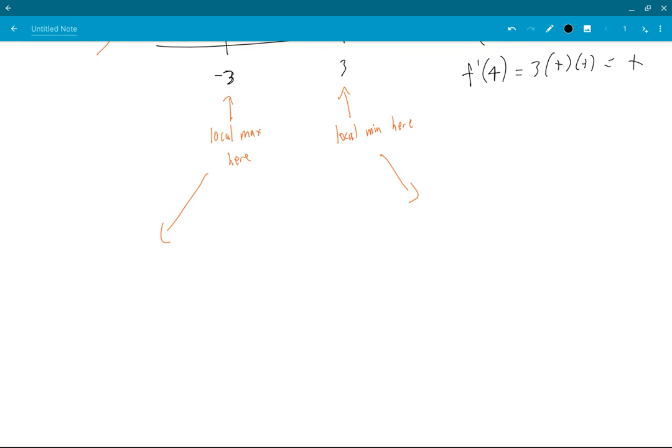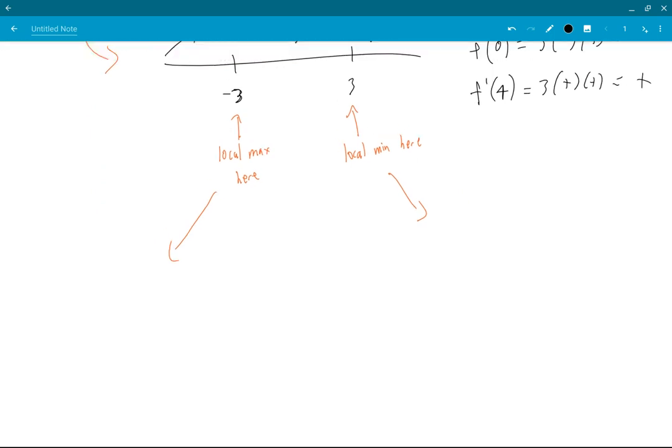So I know when x is 3, there is a local min, but I need to find the corresponding y value. So I'm going to take 3 and plug it into my original function f.